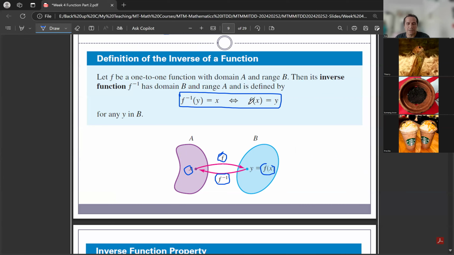So we move f to the right side, but the symbol of the function becomes the inverse of the function. The symbol of inverse of function is f to the power of minus 1.